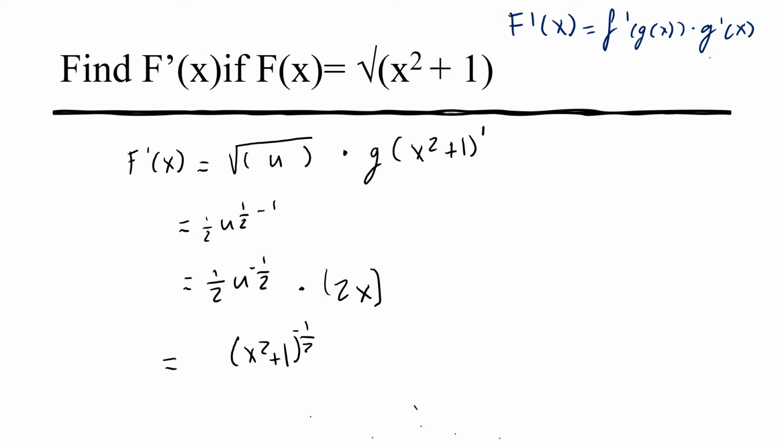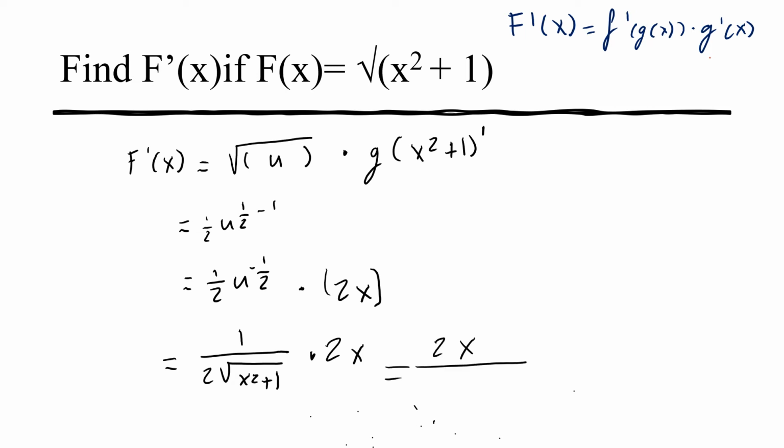So I will just write that as 1/2 times the square root of x squared plus 1 multiplied by 2x, which will give us 2x over 2 square root of x squared plus 1.